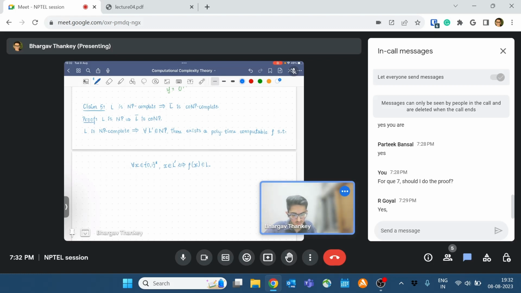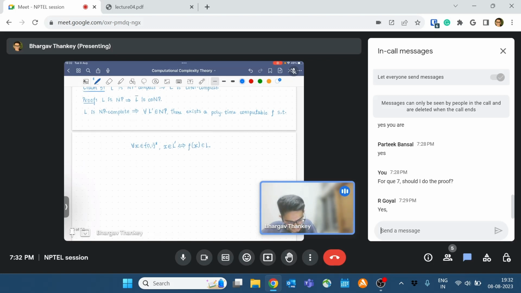So L is NP complete implies that every language in NP reduces to L, and this is exactly what it means to say that every language in NP reduces to L, right? Okay. So what does this mean?